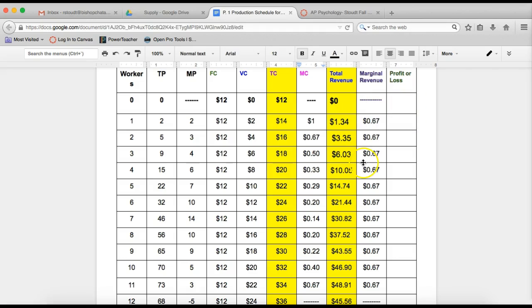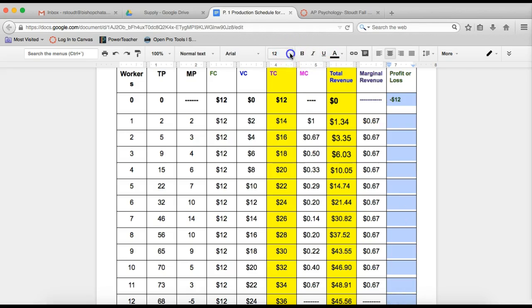So try to block out everything else. At 0 workers, we're subtracting total revenue, which was 0 because we didn't have anything to sell, but we're subtracting total cost of $12. Well, how do we have a $12 cost even though we didn't sell anything? Remember, we had fixed costs still. So 0 minus 12 will give us a loss of $12.